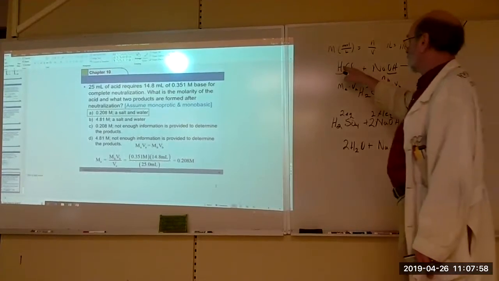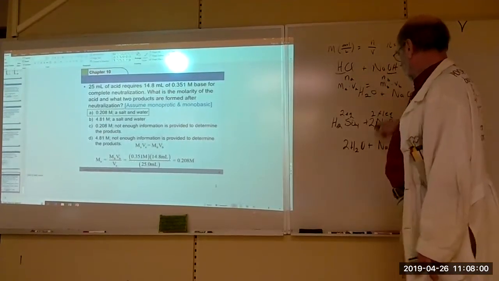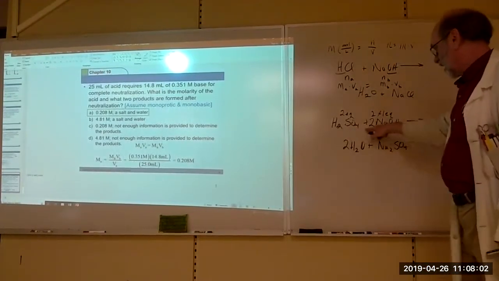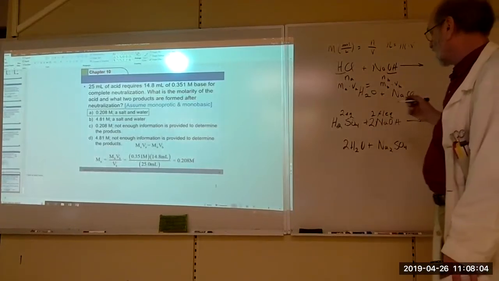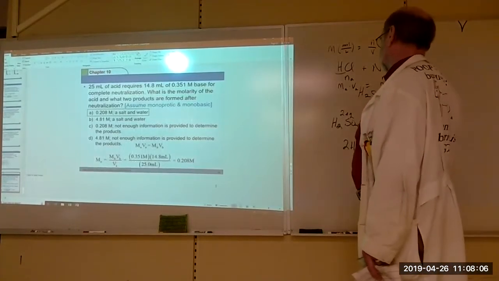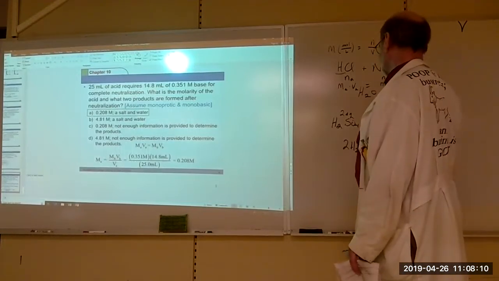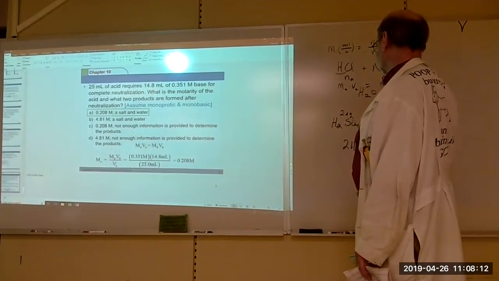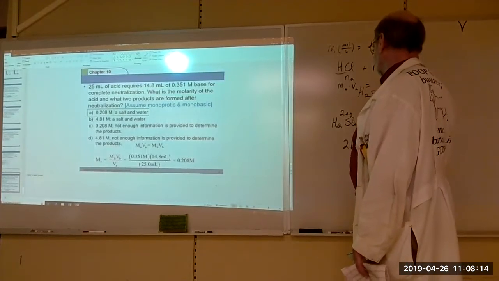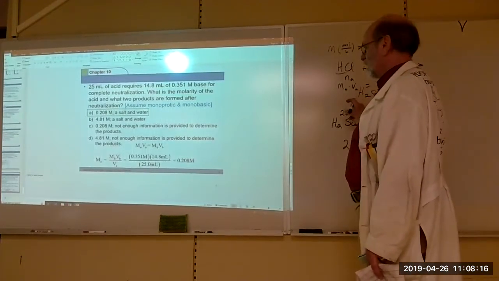That's only if it's 1 to 1. If it's here, then you need something different. And I'm not sure if there's an expression for that. You need the molarity in terms of equivalence.